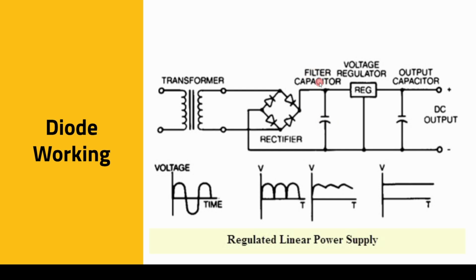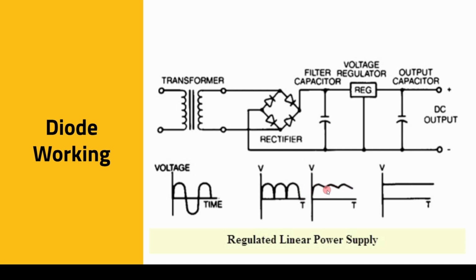This is the filter capacitor, and its purpose is that when the voltage rises, it stores charge inside itself, and then as the voltage decreases, that charge continues to provide current to the circuit until it discharges. But by then, the next cycle of your AC has started, so it charges up again. So what you get is a little bit of a fluctuating DC over here.